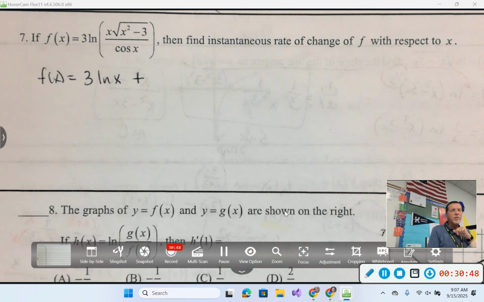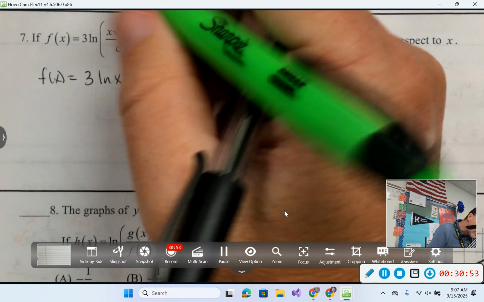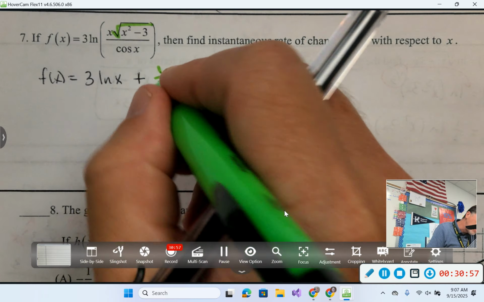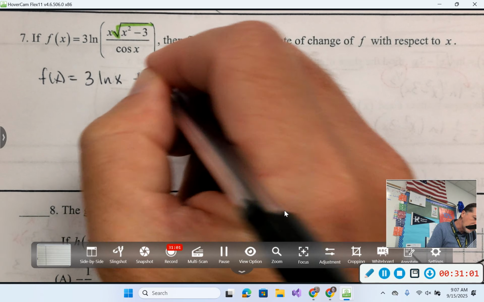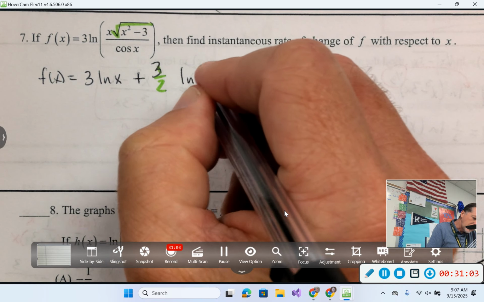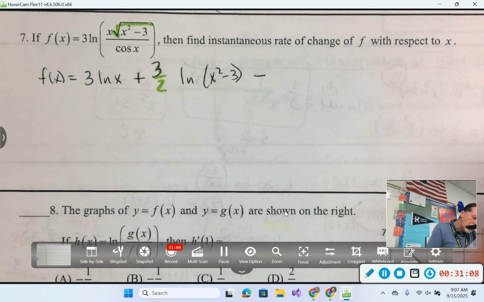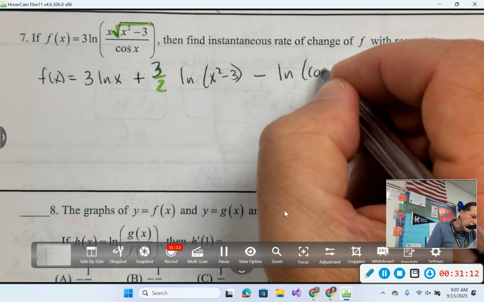What's the square root as an exponent? 1/2. So I'm going to rethink this square root as a power of 1/2 and then move it out front. Oh, still need a 3 there though. Natural log of x squared minus 3. And then minus, because cosine's in the bottom, natural log of the cosine of x.